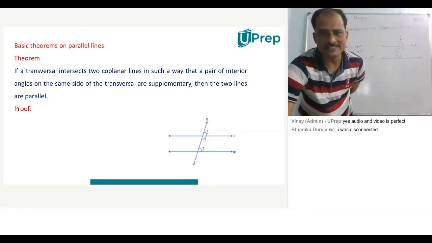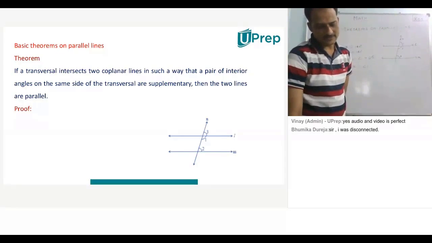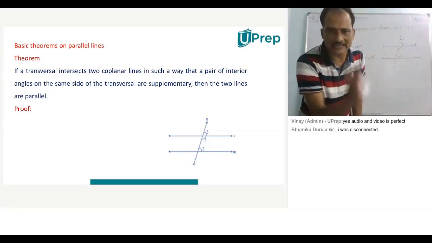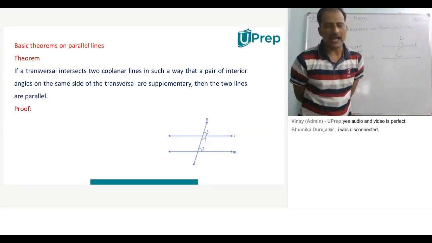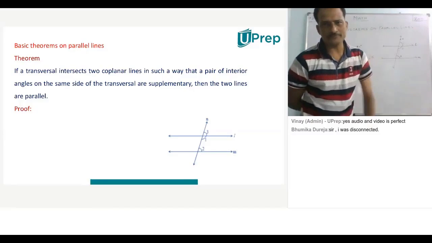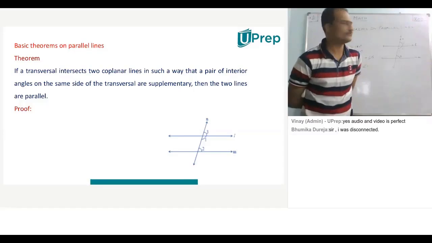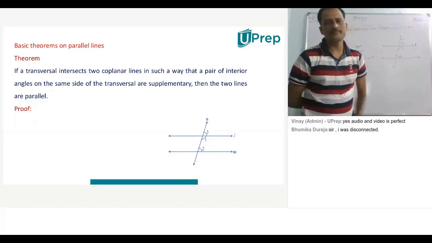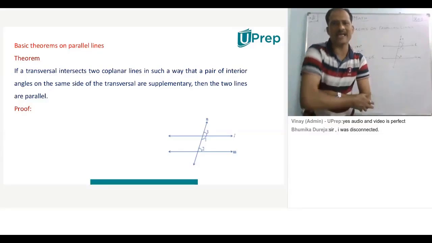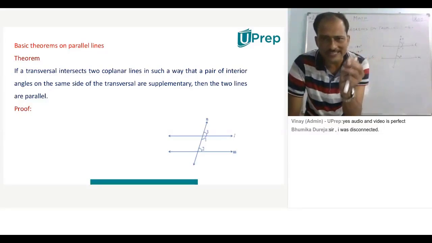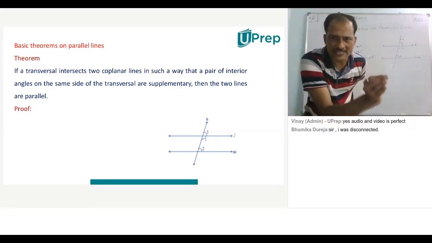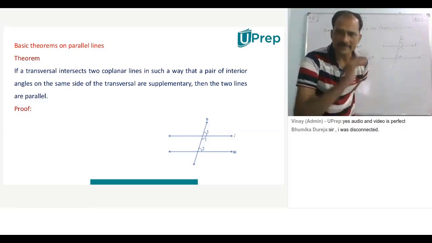N such that angle 2 and angle 3 are a pair of co-interior angles which lie on the same side of the transversal, and they are supplementary.